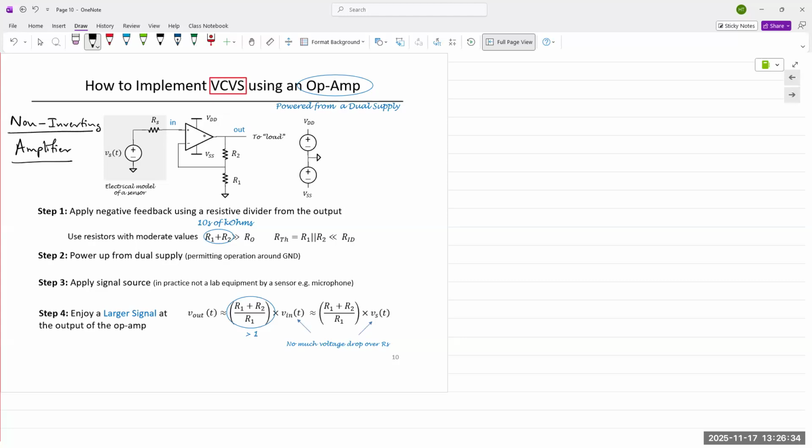It is fed into the non-inverting terminal, right here. Going into the non-inverting terminal. Hence, it is known as a non-inverting amplifier.